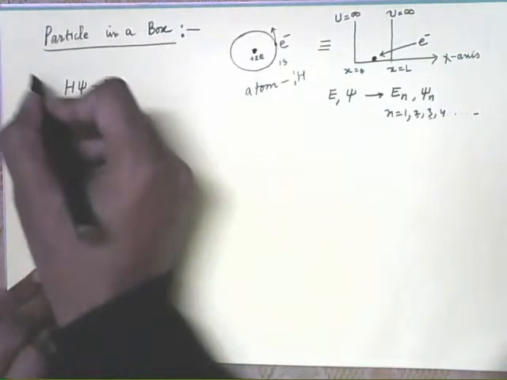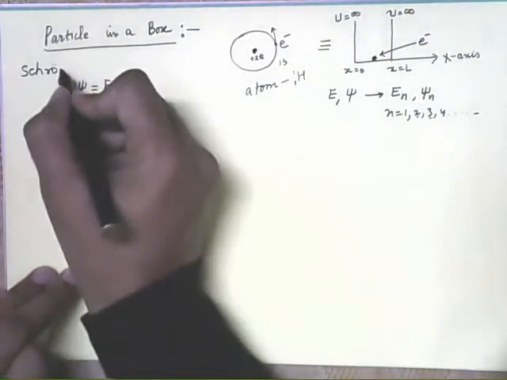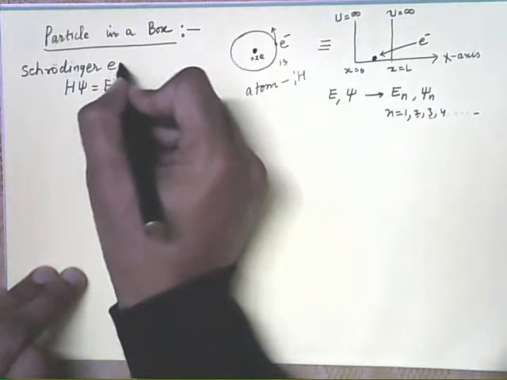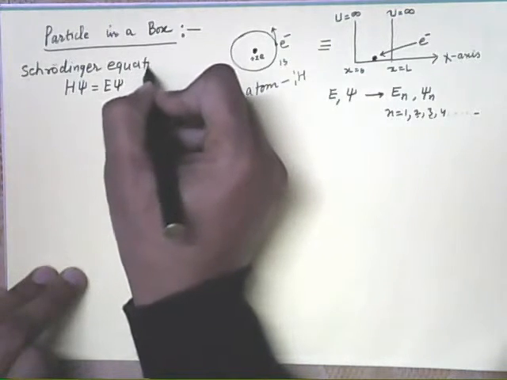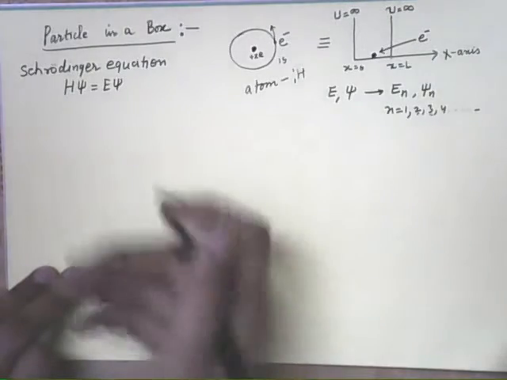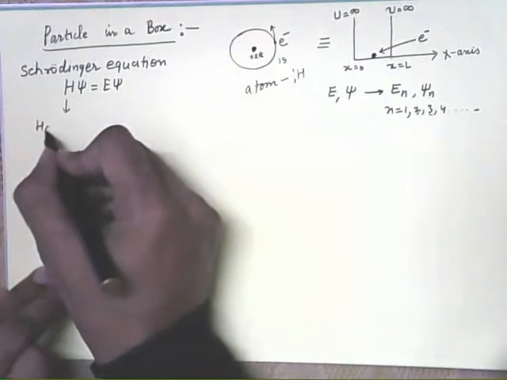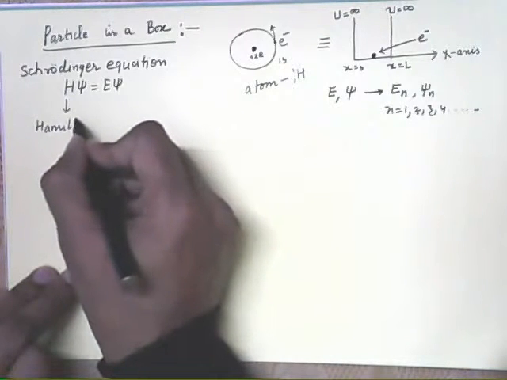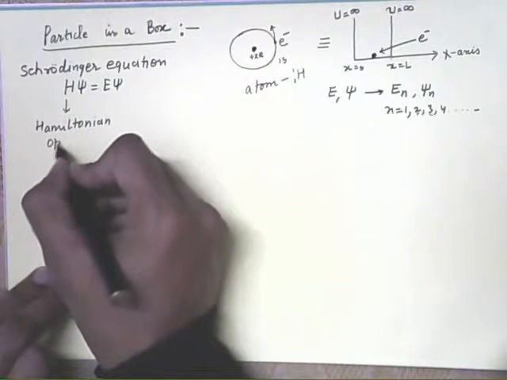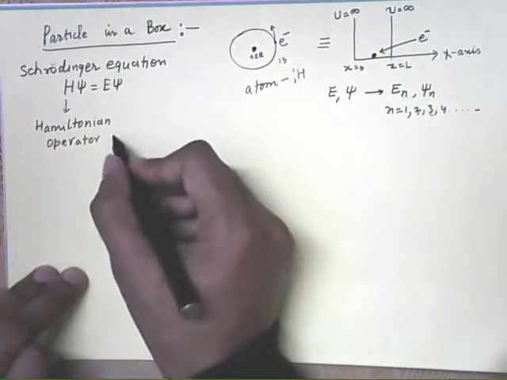This is known as the Schrödinger equation, where H is the Hamiltonian operator, that is basically the total energy.